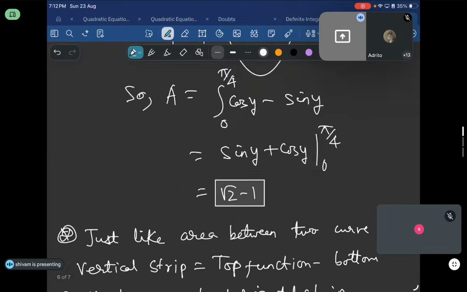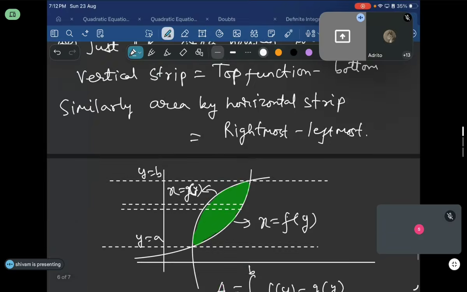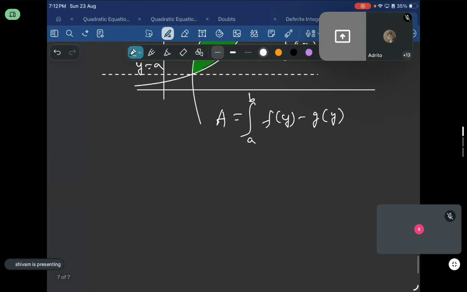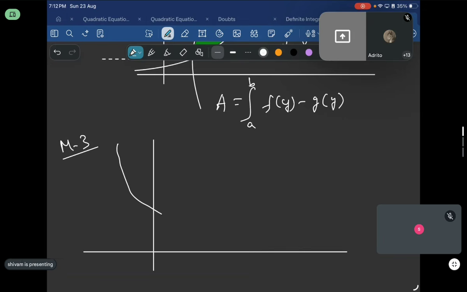In the second one also, like method 2, there is another method. You could have done it by taking the horizontal strip only. Draw the same graph, but you could have taken the horizontal strip. With respect to the horizontal strip, what will happen?